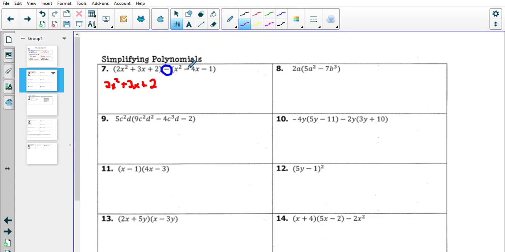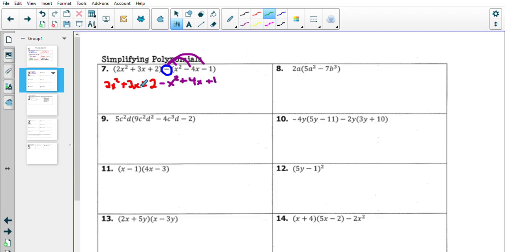And then this second set of terms, because this negative is here, I have to change every single one of their signs. So this positive x squared becomes a negative x squared. The negative 4x becomes a positive 4x, and the minus 1 becomes a positive 1.